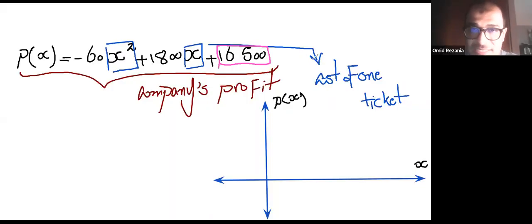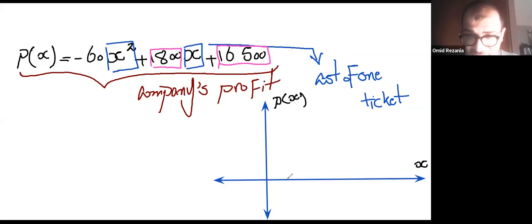Oh, I'm not on the whiteboard anymore. You see that this one is crazy. 16,500 is too much. This slope, 1,800, is too big. Then the plot which I'm going to draw is not going to be to scale. However, I'm just going to do something for demonstration.